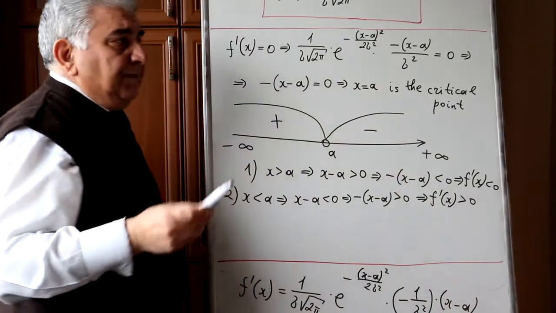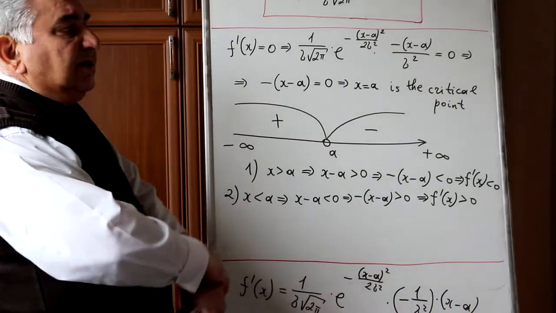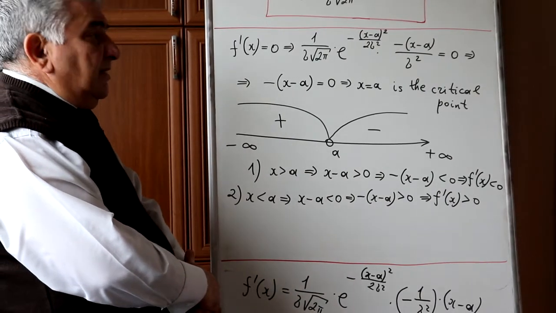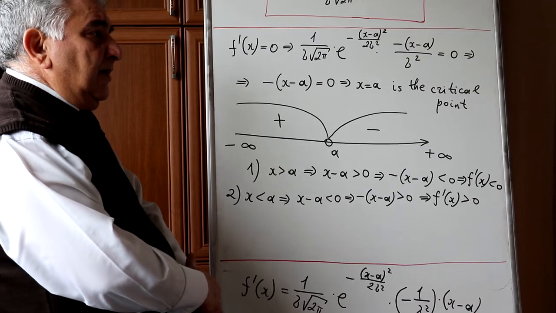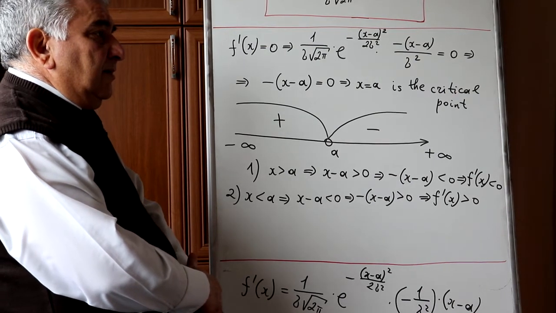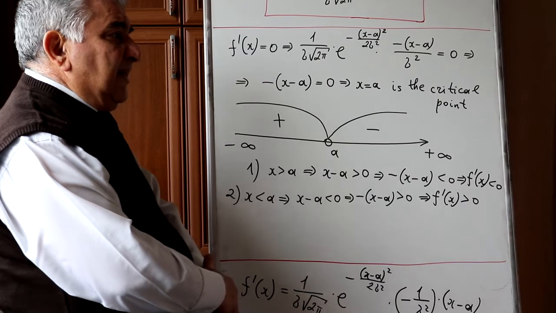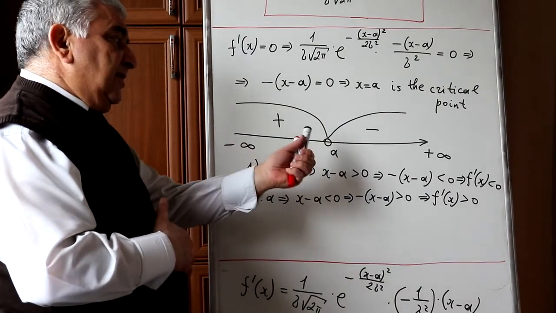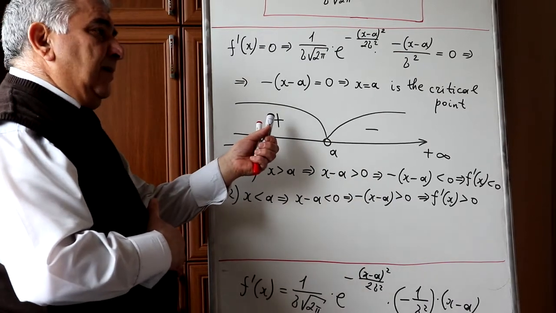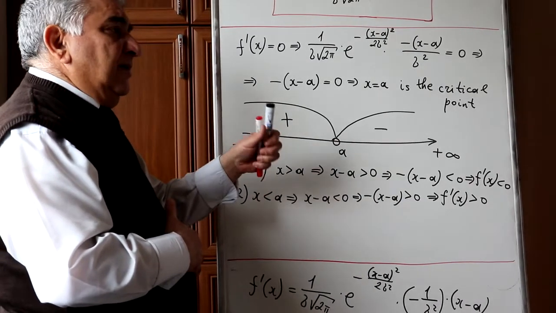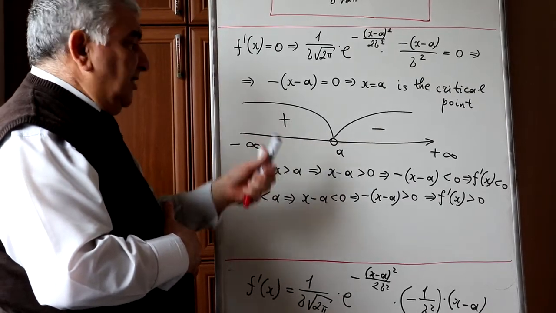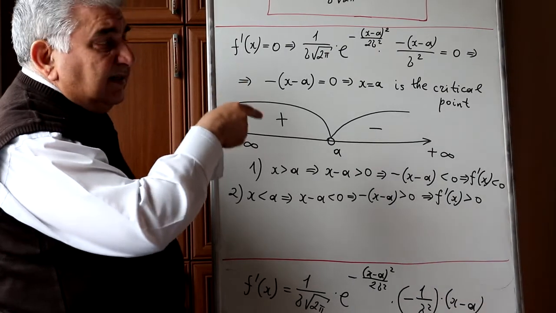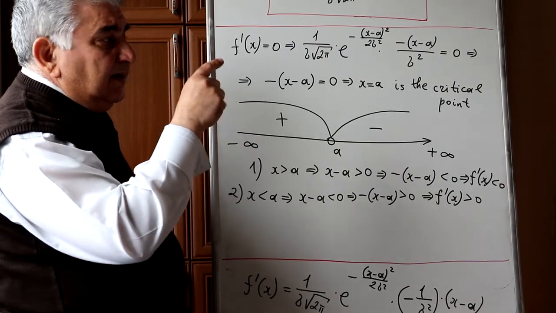And according to the sufficient conditions of the extremum existence, if in passing through the critical point from the left to the right, the sign of derivative is changed from plus to minus, it means that the given critical point is the maximum point.